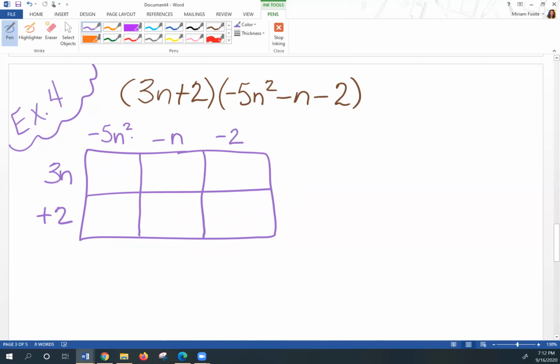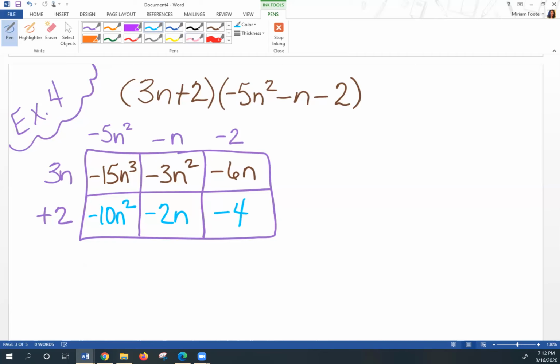Okay, so now I want to start combining my terms. Well, multiplying. 3 times negative 5 is negative 15. N times n squared is n cubed. 3n times negative n is negative 3n squared. 3n times negative 2, negative 6n. 2 times negative 5 is negative 10, and then the n squared comes down. 2 times negative n, negative 2n, and 2 times negative 2 is negative 4.